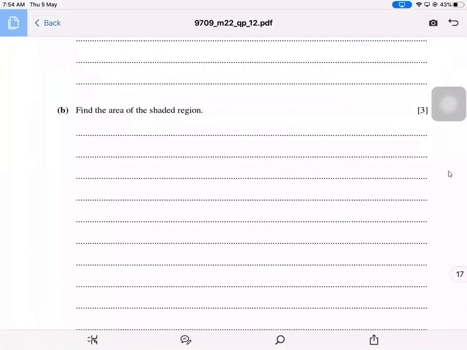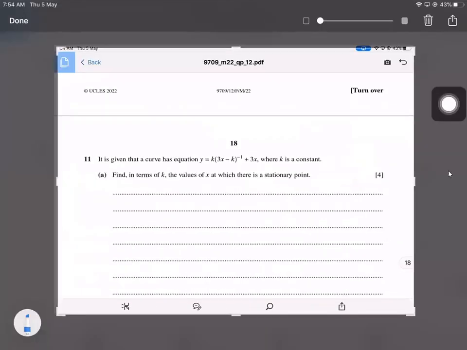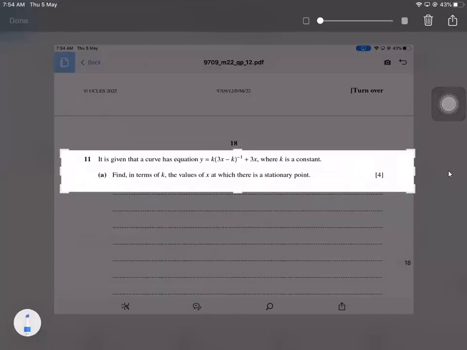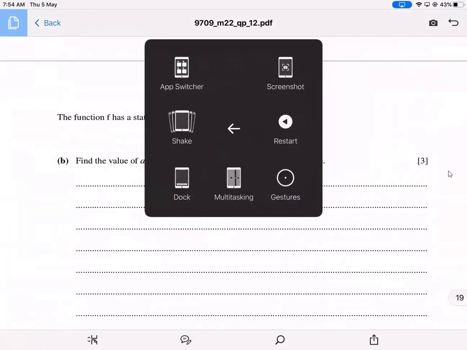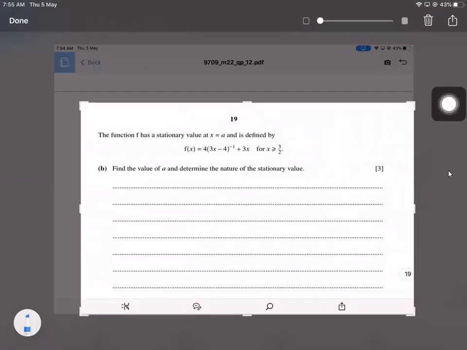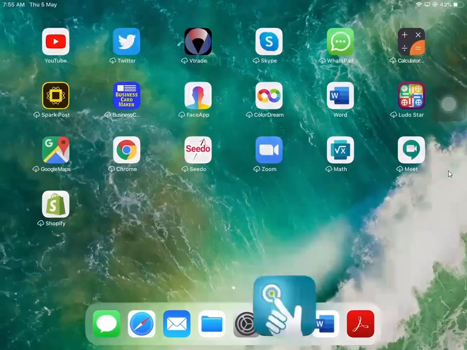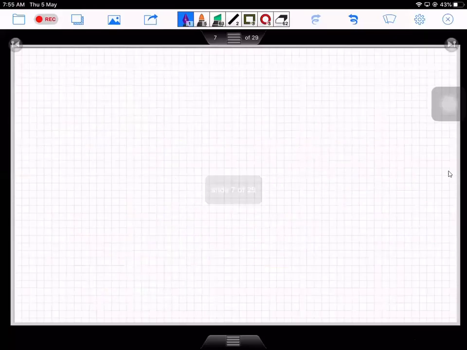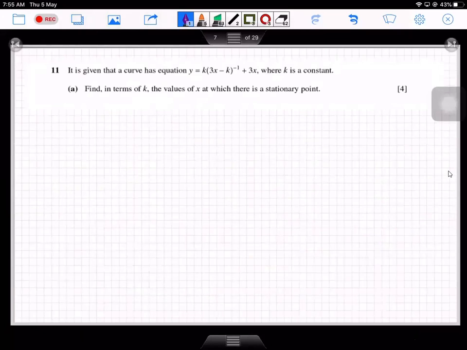All right, so here we have question number 11. It is given that a curve has equation y equals k multiplied by (3x minus k) raised to the power minus 1, plus 3x, where k is a constant and it is unknown.